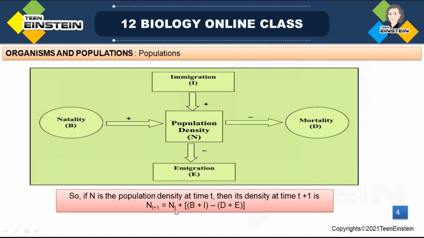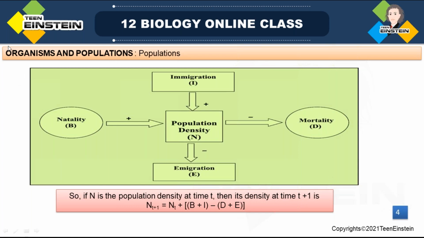That is the number of individuals present at the time t. Along with that time t population density, we need to add the new births and immigrants, and minus, deduct the number of deaths and emigrants. Got it? That's how we need to learn.